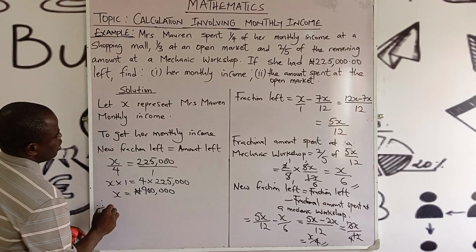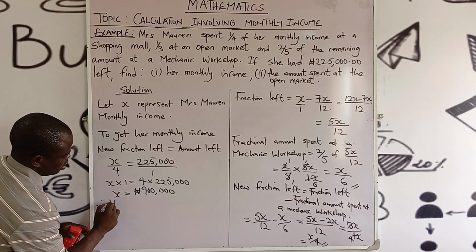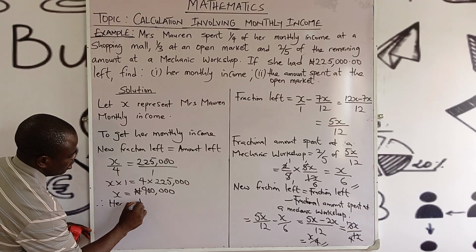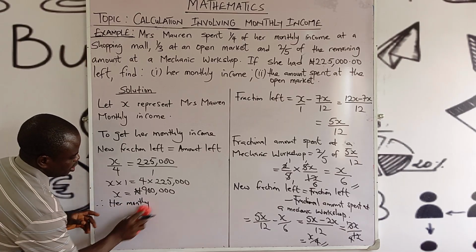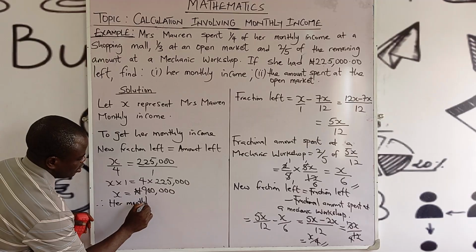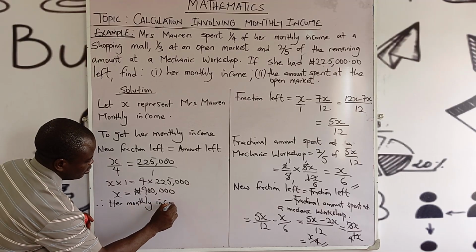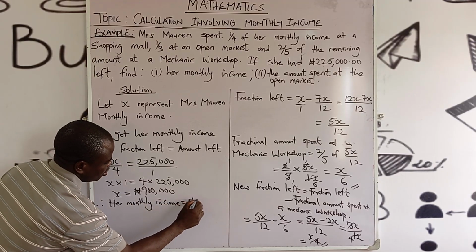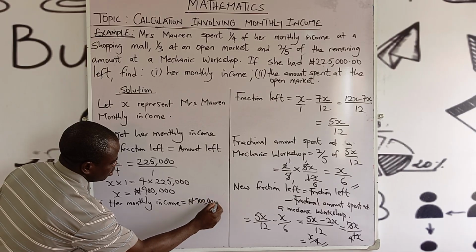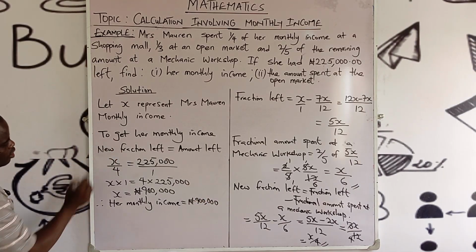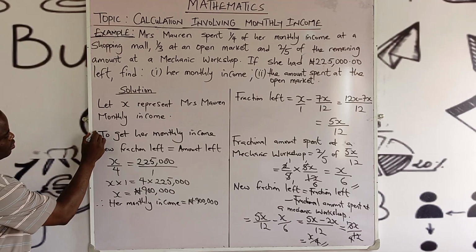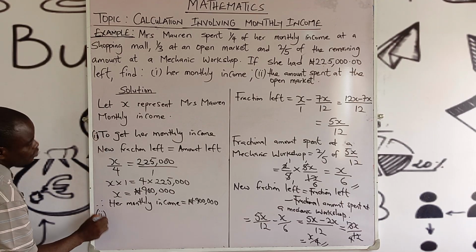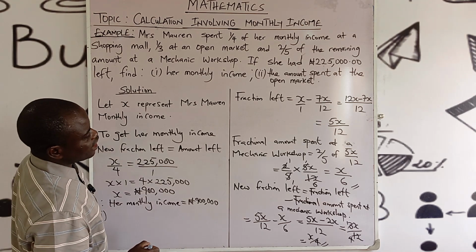Therefore, the monthly income equals 900,000 naira.